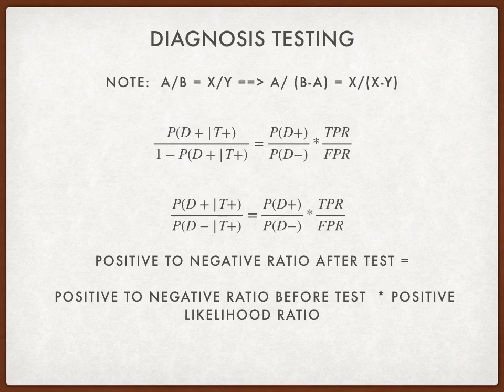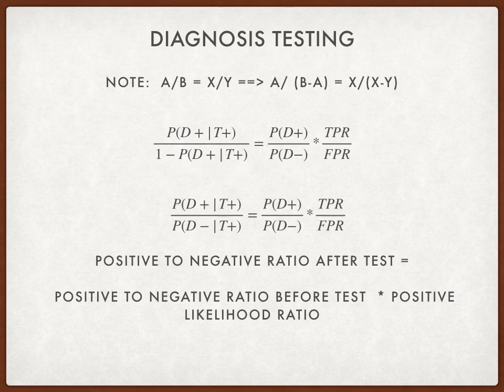The probability of the condition existing given the test is positive, divided by 1 minus the probability of the condition existing given the test is positive, is equal to the probability of the condition existing over the probability of the condition not existing, multiplied by the true positive rate divided by the false positive rate. So in the denominator here, what do we really have?